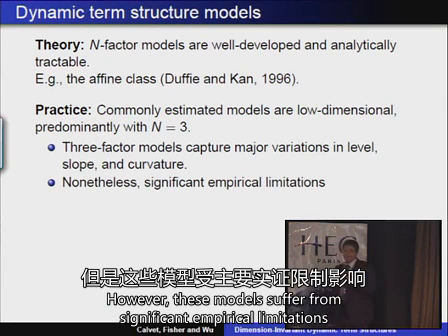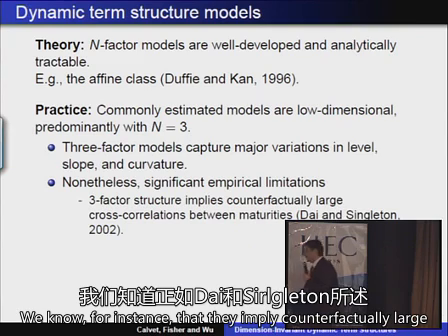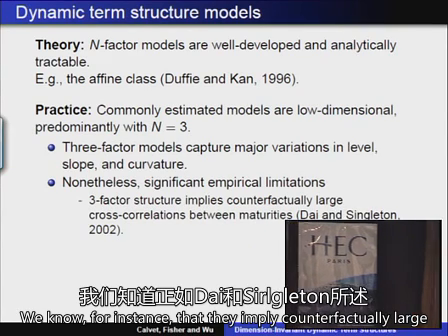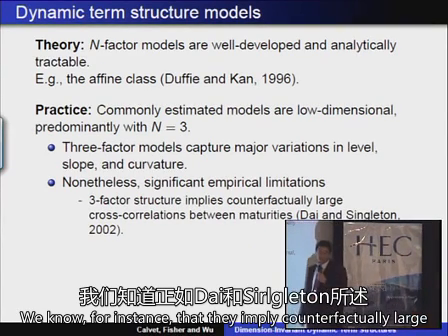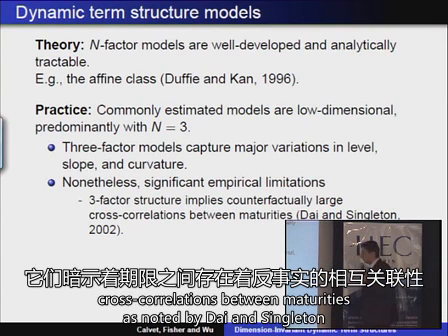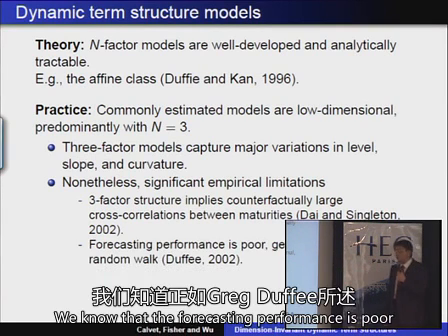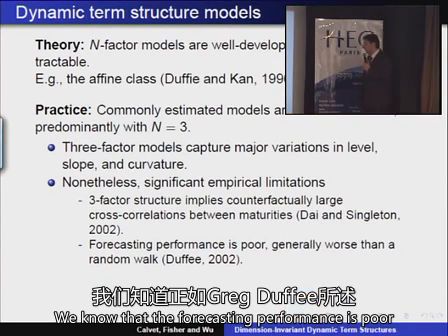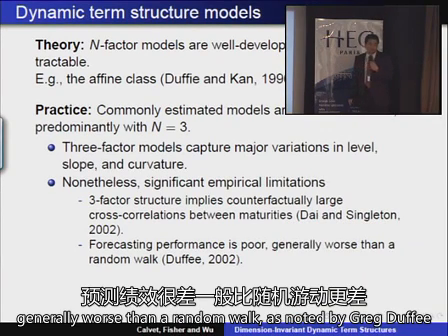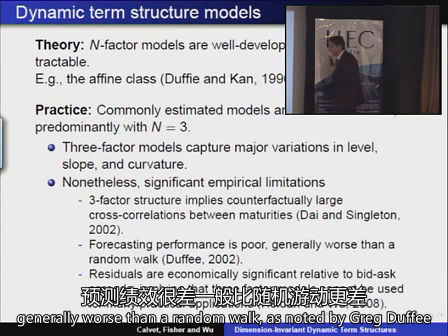However, these models suffer from significant empirical limitations. We know, for instance, that they imply counterfactually large cross-correlations between maturities, as noted by Dai and Singleton. The forecasting performance is poor, generally worse than the random walk, as noted by Duffee.